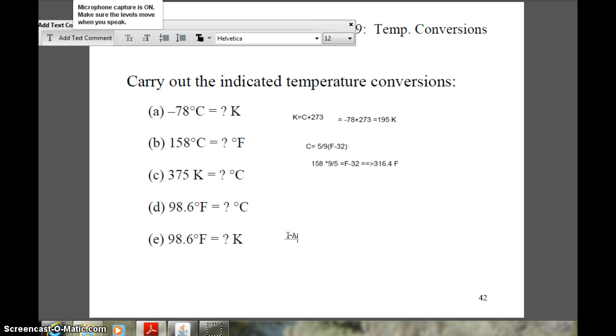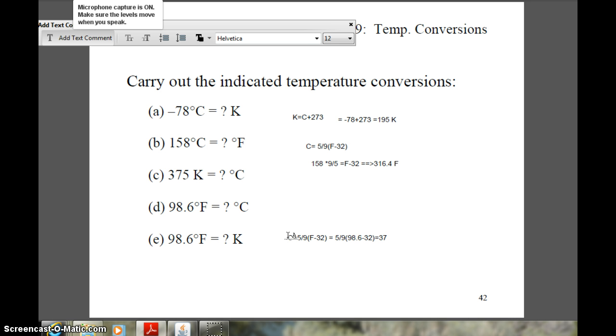C is equal to 5 by 9 times (Fahrenheit minus 32). 98.6 is my Fahrenheit, minus 32, and I'm just showing you the steps so you can follow along as you're solving it for yourself. And I'm getting a value exactly equal to 37.